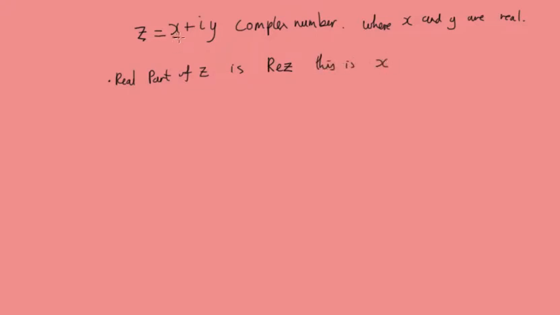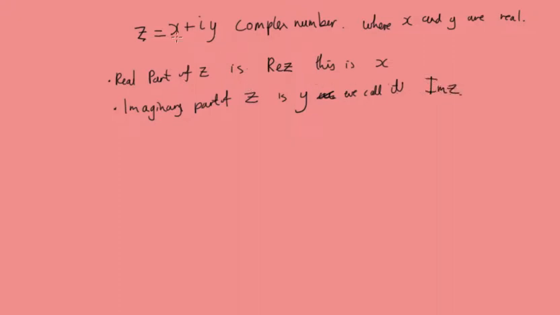So x is the real part, and the imaginary part of z is y, and we call it the imaginary part of z.